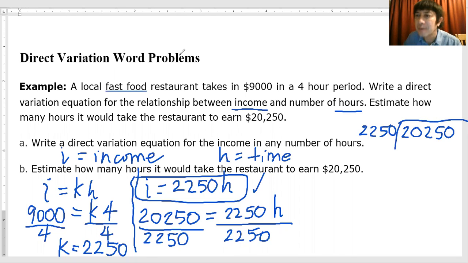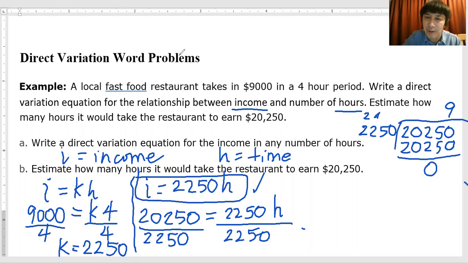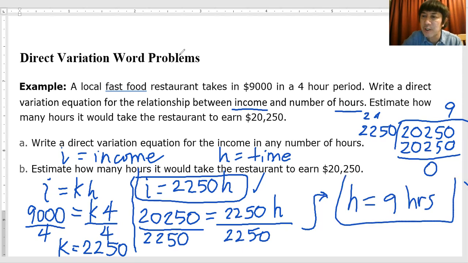How about 9? 9 times 0, 9 times 5 is 45, carry 4. That is 18 and 2, carry 2, that's 18 and 2 is 20. Exactly 9. So that means H is 9 hours. That's the answer.